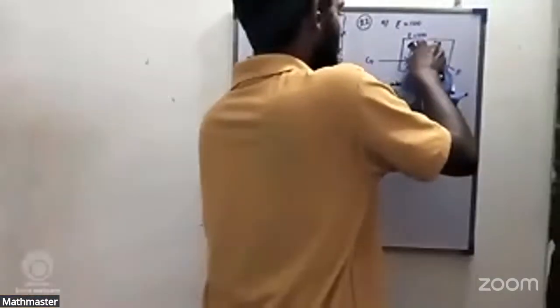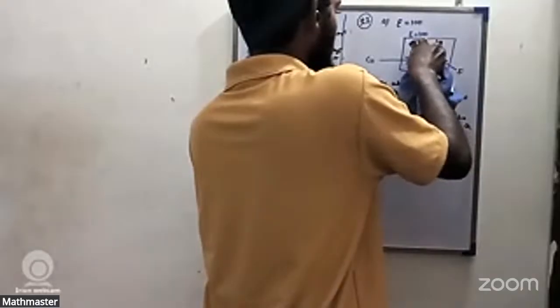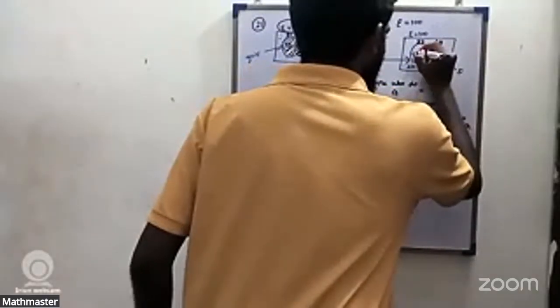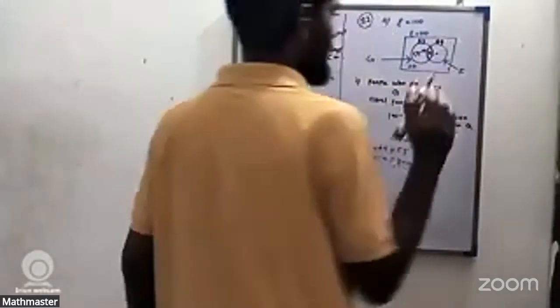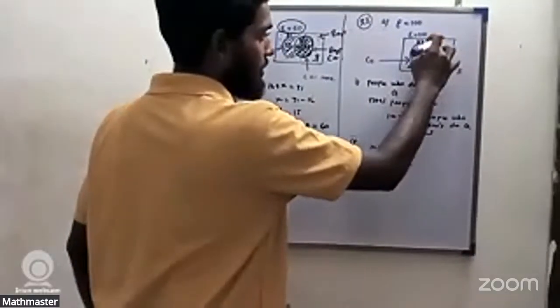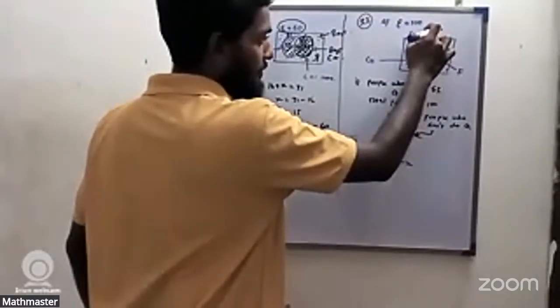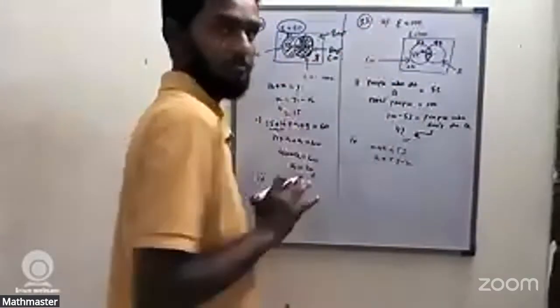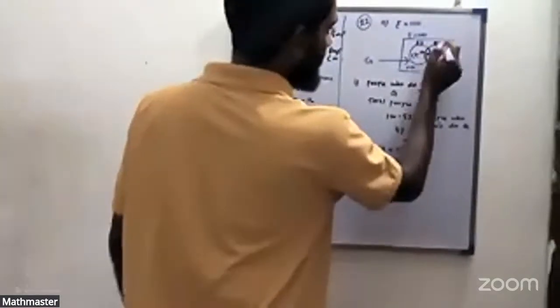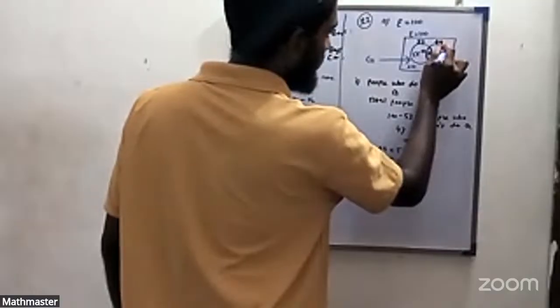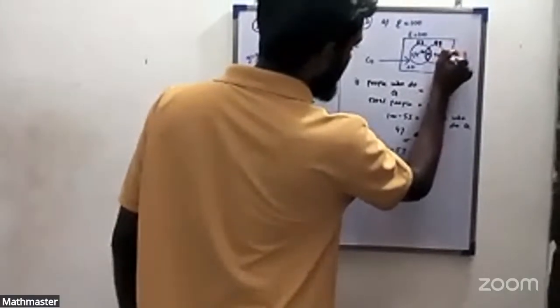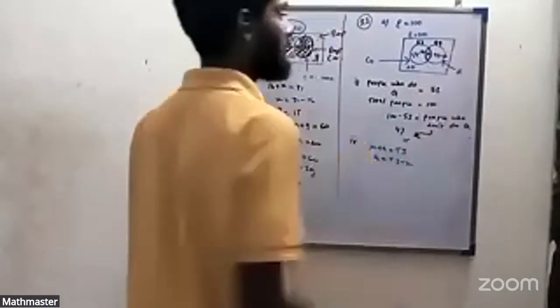That's why we are using a bit of algebra here. This is 53 minus X. Now again see, in this common region is X. Here 53 means 53 minus X is here. Same way, here X, here 49, so what should be here? 49 minus X.